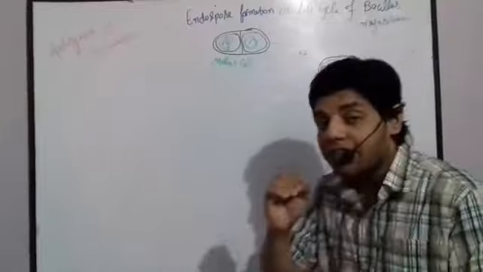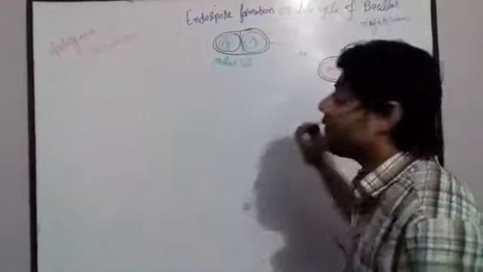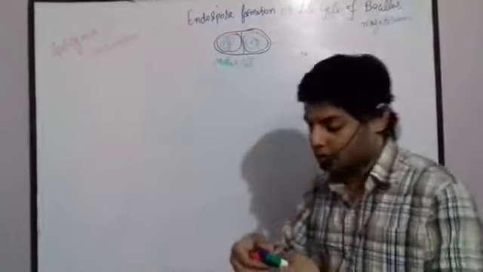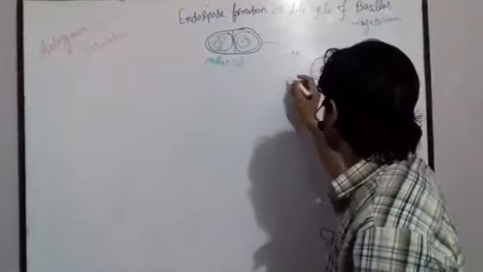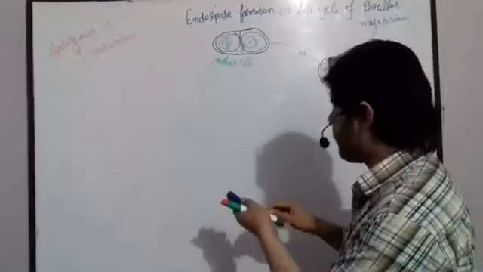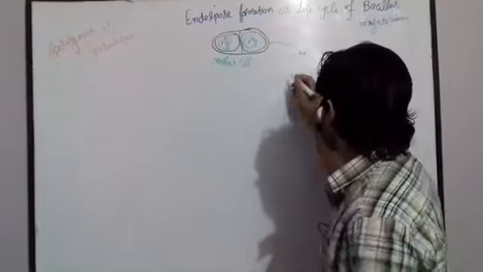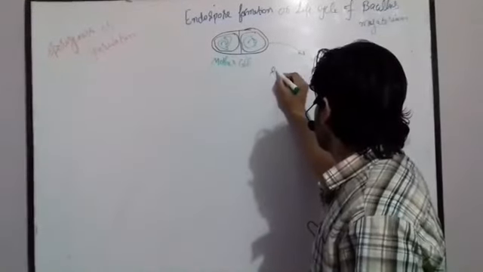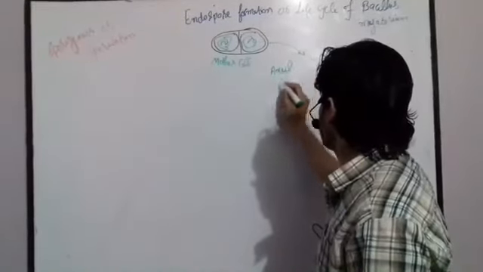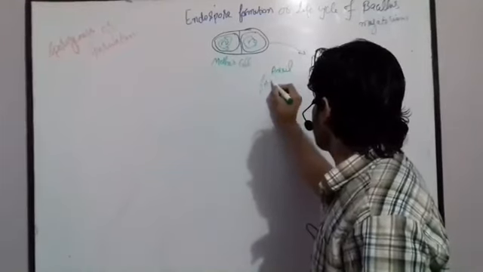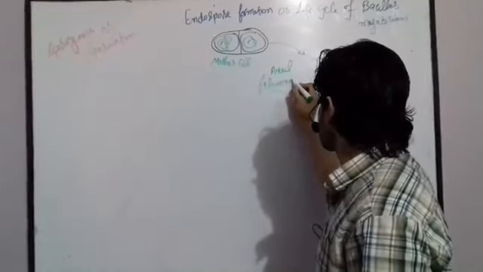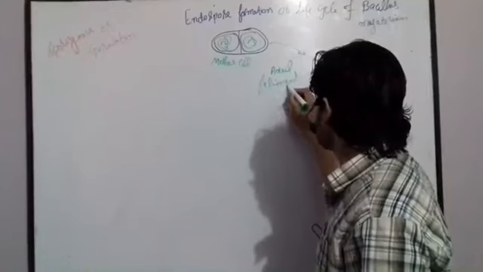So in the first stage, what actually happens? They form the axial filament. So in the first step, we have axial filament formation. Let me write axial filament formation.